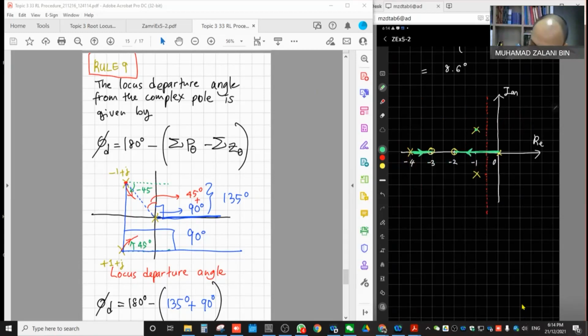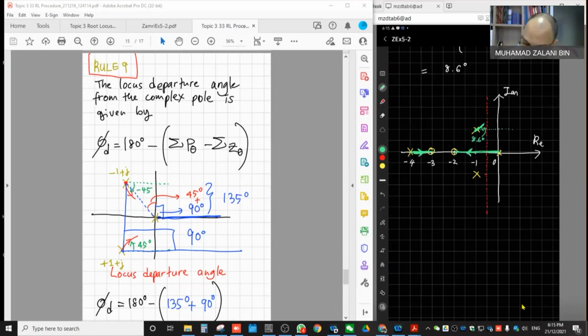So locus should start from here and at angle, alamak, saya nak buat ni lines macam tu bagi nampak. So it should start at angle 8.6. That angle is 8.6 degree. Angle of departure. Nampak tak?